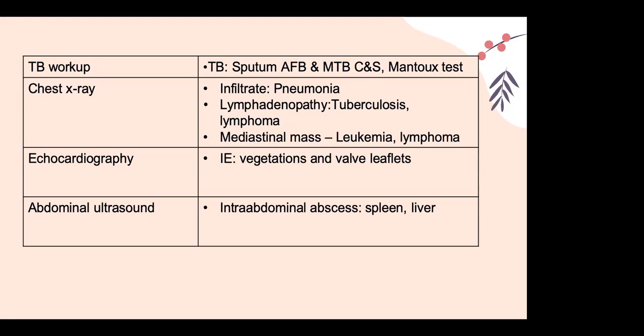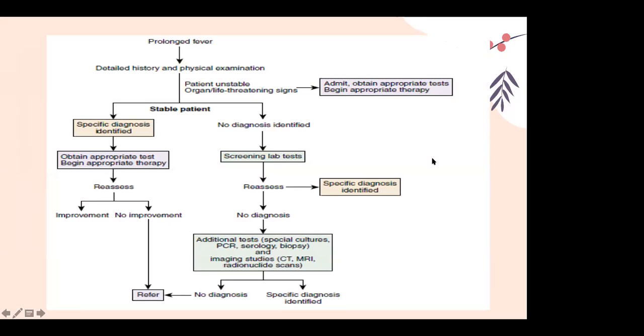And then abdominal ultrasound for intra-abdominal abscess. So this is the summary of how to approach the child with prolonged fever, which we start with the history and physical examination.